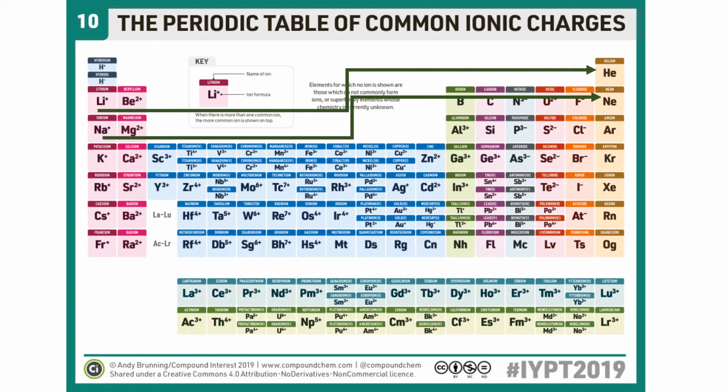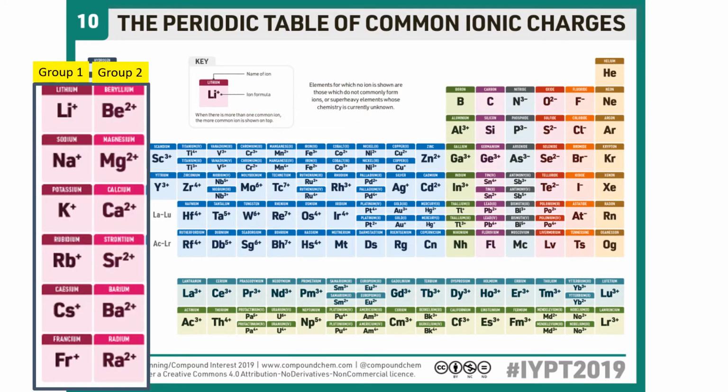If we look at groups 1 and 2, the nearest noble gas is the one that precedes the element, at the end of the previous period. Those main group metals lose enough electrons to leave them with the same number of electrons as an atom of the preceding noble gas.